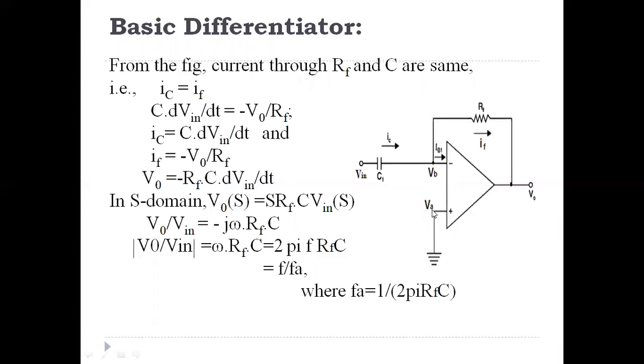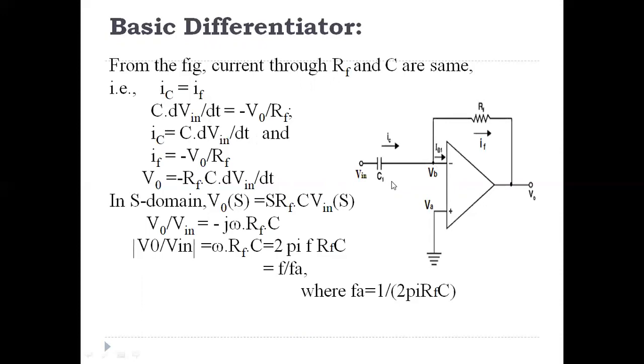So what is IC? IC is the current through the capacitance C1. Already we know the current through a capacitance is C into dV by dt. So here C is C1, so C into dVn by dt.